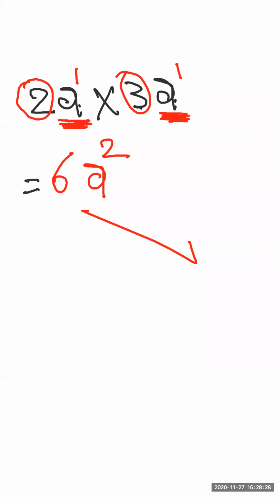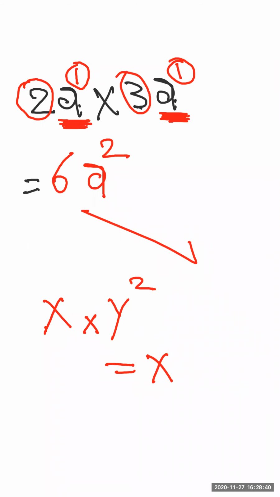If they are the same base, we just add the indices, the powers. If they are different, like x times y squared, it will equal xy squared, because they are different bases. So in this case, we have to write it in this form. It's not like terms.